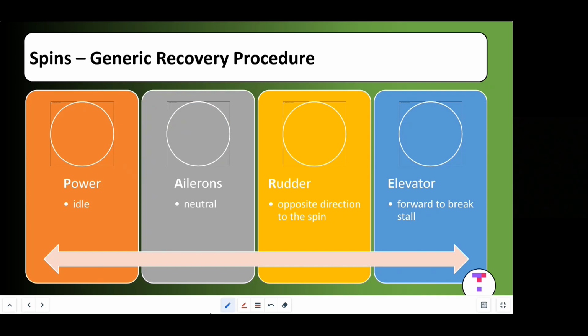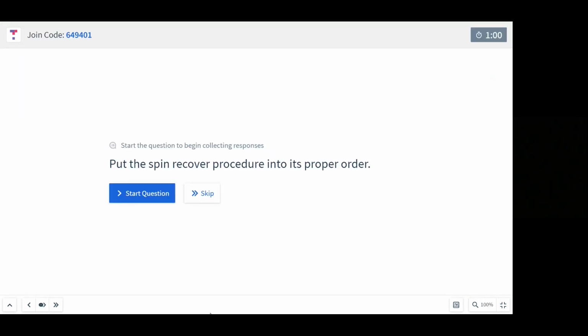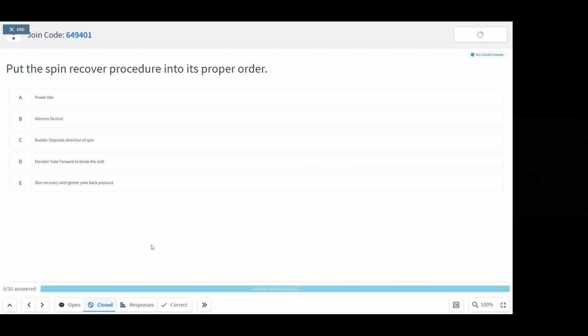Okay? All right, Top Hat question coming your way. This is going to be a list of the recovery procedure for you to put in order. So you're going to have to learn how to drag around these things on your device there. So put the proper spin recovery in order. All right, you get 1 minute on this one.